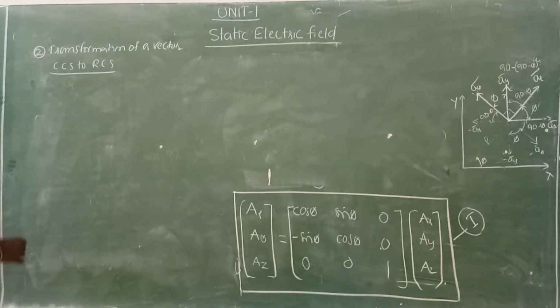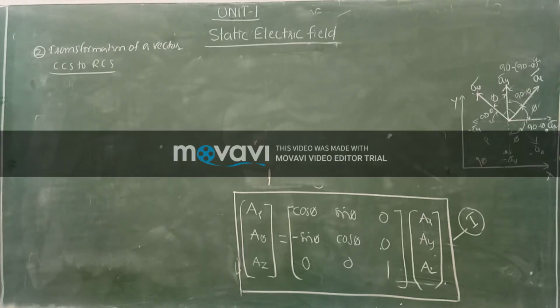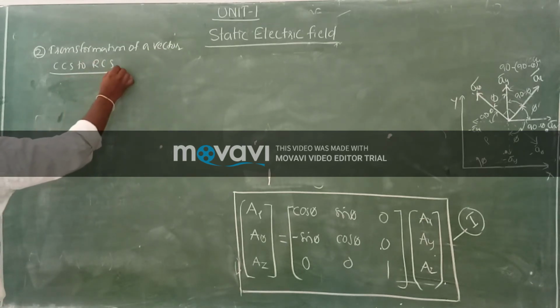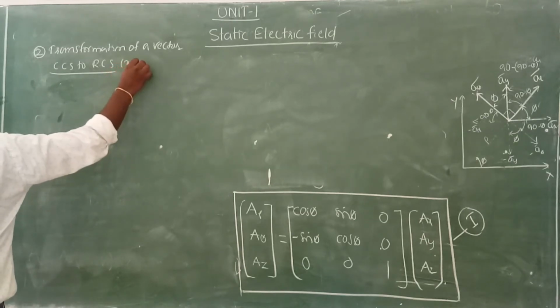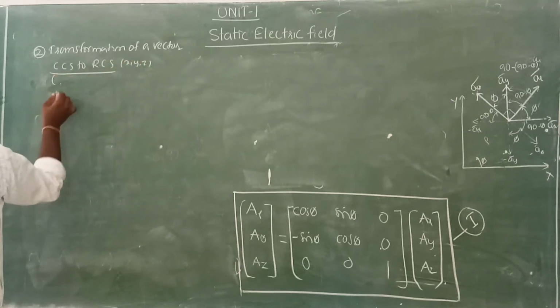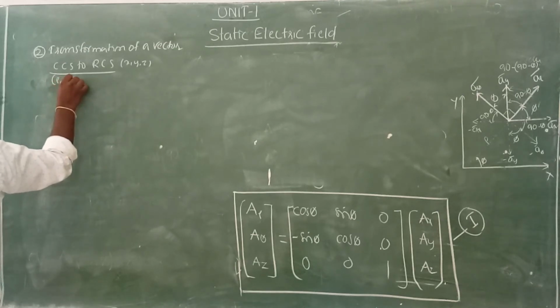So in this problem you are given the information about the cylindrical coordinate system and it is required to calculate the rectangular coordinate system, with the axes x, y, z and here rho, phi, z.